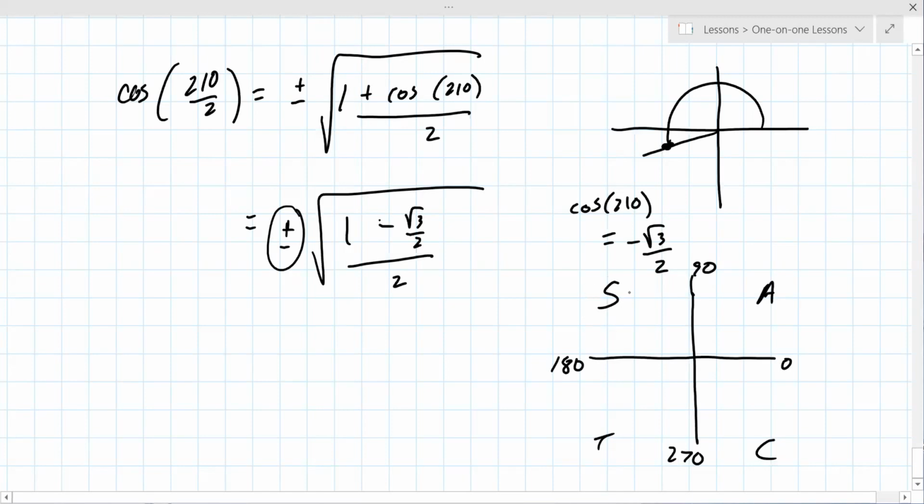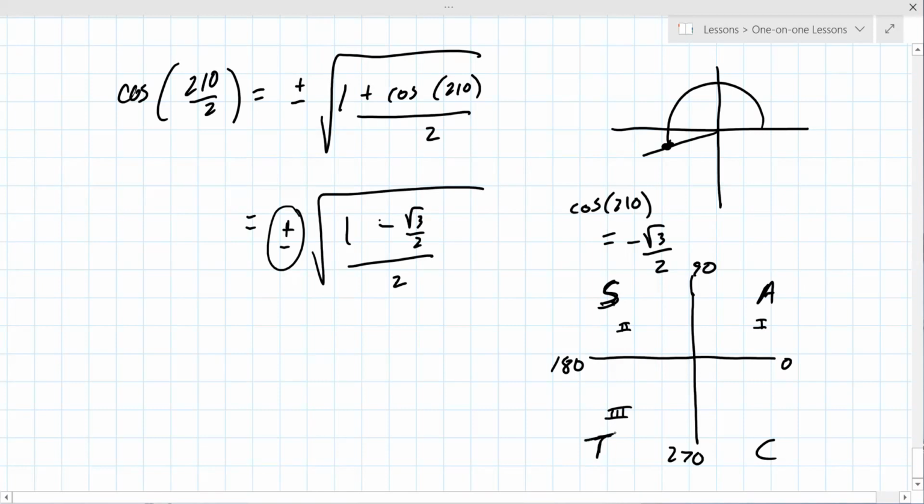So which of the trig functions are positive in quadrant 2? A means they're all positive. S means that sine is positive, and by sine being positive, the other ones, cosine and tangent, are negative.